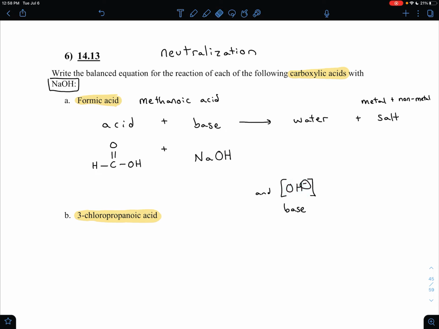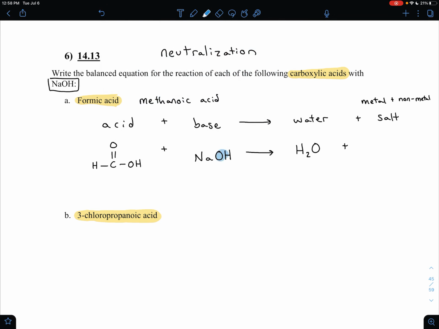Now, we know we're going to get water. You always get water with a neutralization reaction when you add an acid and a base. You just have to figure out what the salt is going to be. And to predict the salt, it's useful to see how you got the water in the first place.